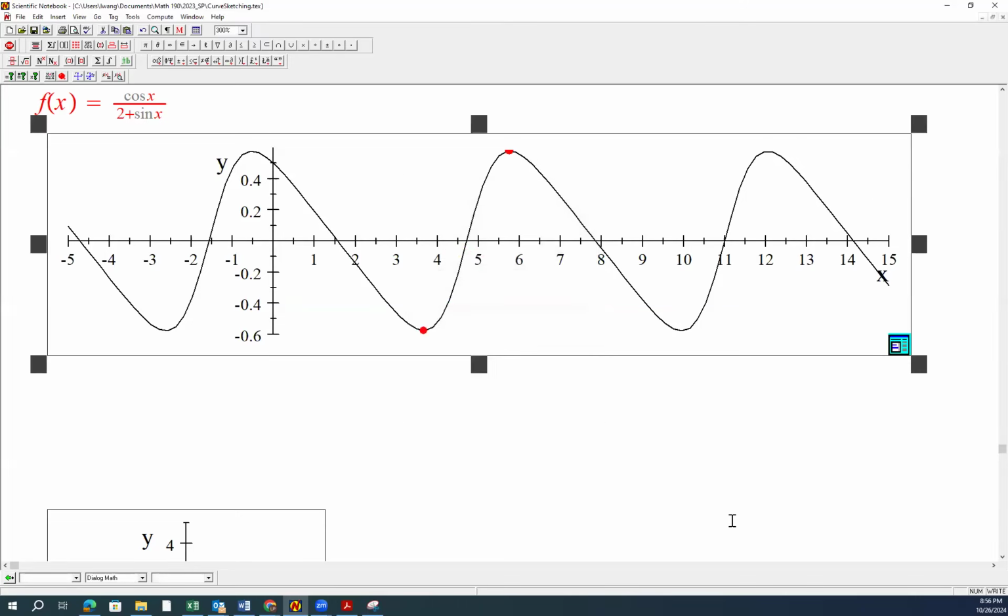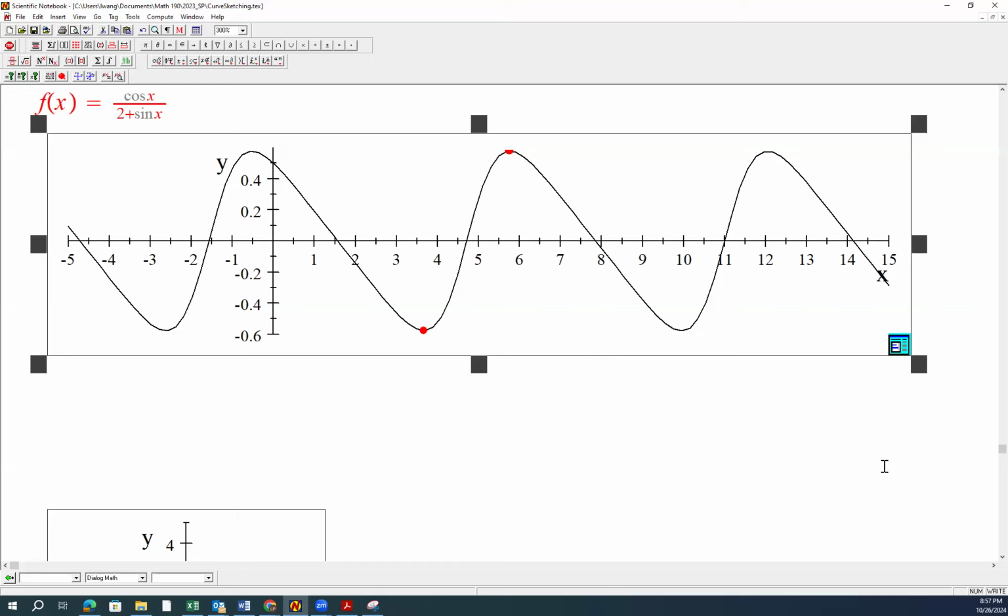That's the highest point. Okay, so we have many local min, many local max. And we also realize these local max, local min, they are also absolute max and absolute min. We have many absolute max and many absolute min.